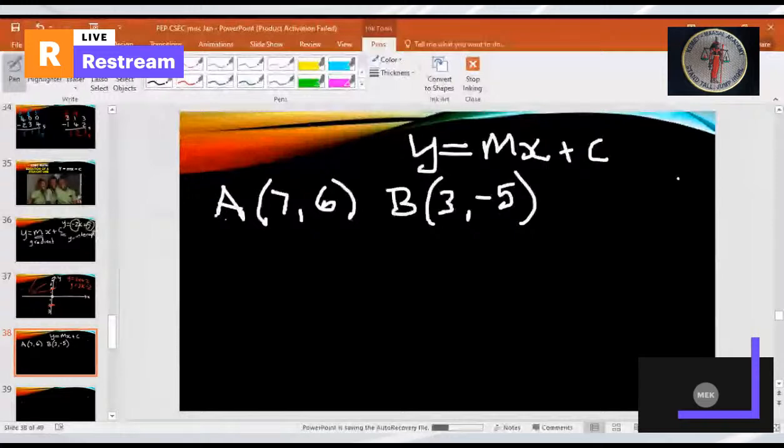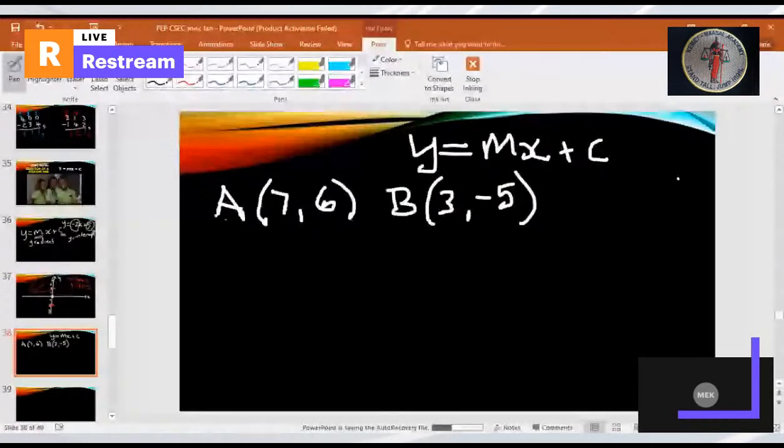When we say y2 and y1, we're talking about the second y value and the first y value. In this case, for A and B, the first y value would be 6 and the second y value would be negative 5. The first x value would be 7, and the second x value would be 3.